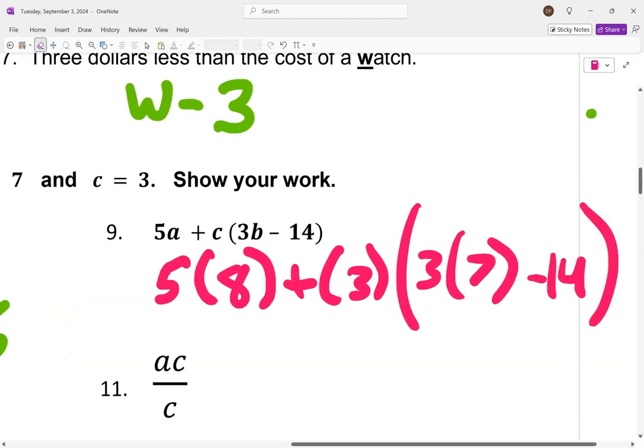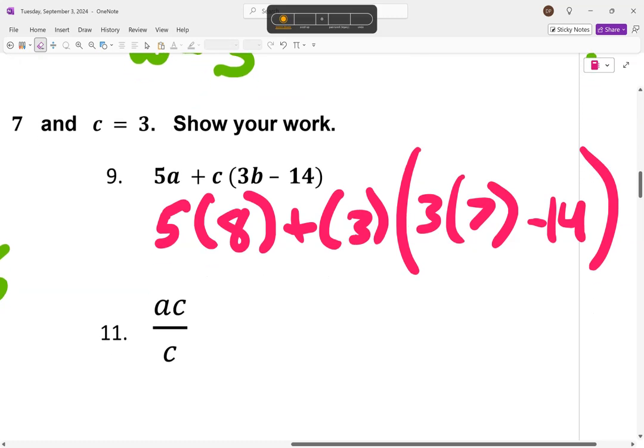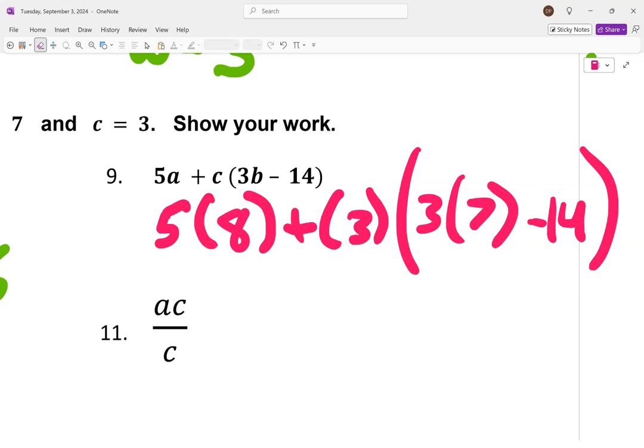Now, didn't I tell you about this, everybody, for substituting? Raise your hand if you remember me saying this for substituting. Be honest. Okay, and now they remember. Okay, 40, am I right? Yeah. Okay, 40 plus 3.